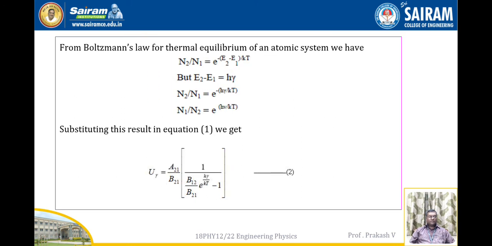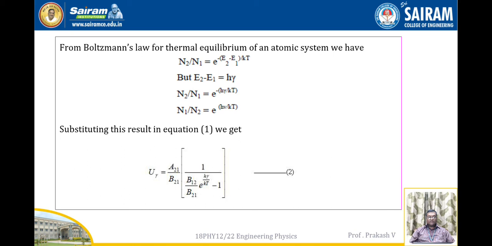Next, from Boltzmann's law, at thermal equilibrium, we can write N2 by N1 is equal to e to the power of minus (E2 minus E1) by KT. But E2 minus E1 is equal to h nu. Then we can write N2 by N1 is equal to e to the power of minus h nu by KT, or N1 by N2 can be written as e to the power of h nu by KT.